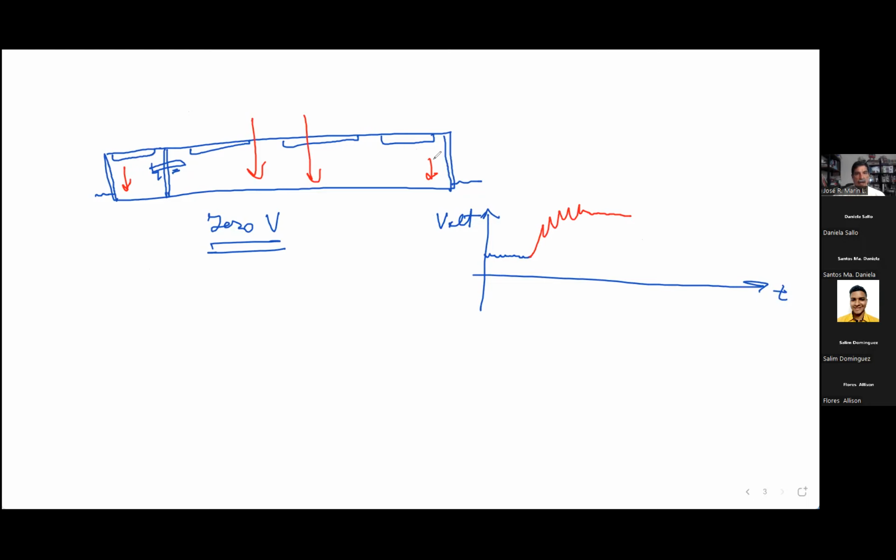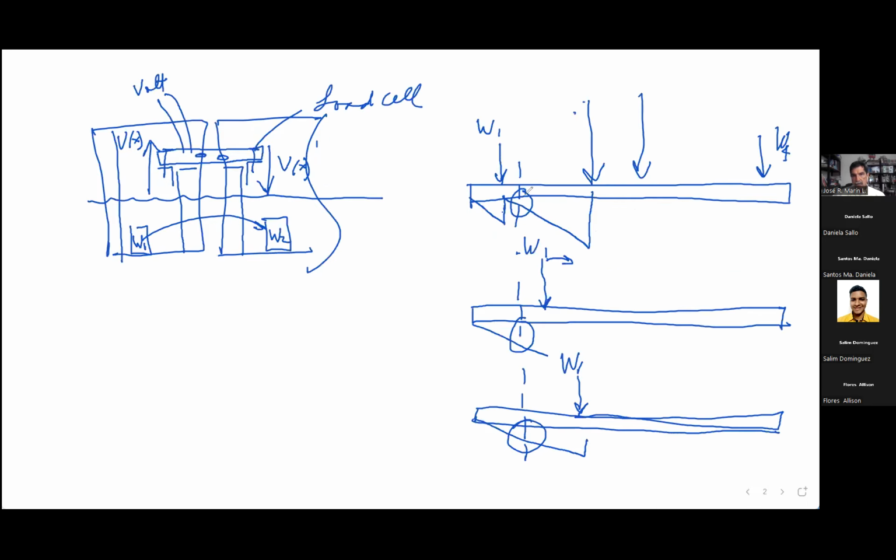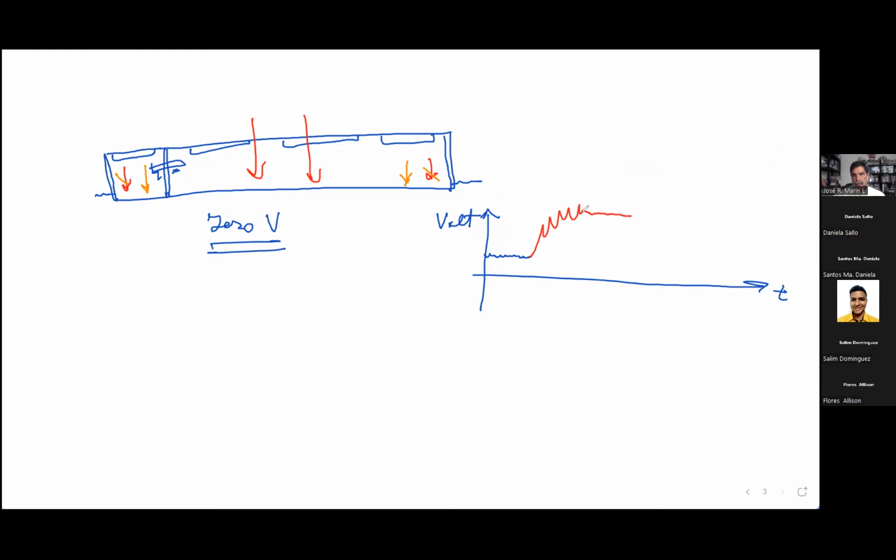Okay, now after doing this, what we need to do is change the position. So we go from here, we put it in here. So there's going to be a change in here. Let me go back. So you put it a little bit to the right, it's going to increase. Not much, but it's going to be an increment.